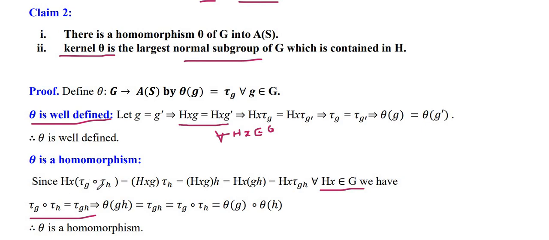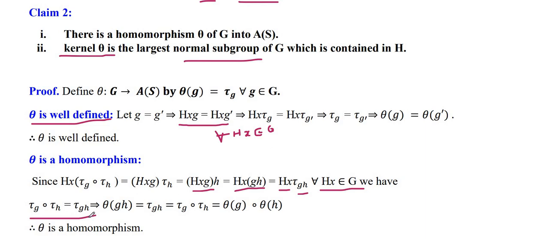By the definition of composition of mappings, it is Hx tau g, which is nothing but Hxg. The image of that under tau h gives Hxgh, which is nothing but the image of Hx under tau gh. So as the images are equal, the mappings must be equal.